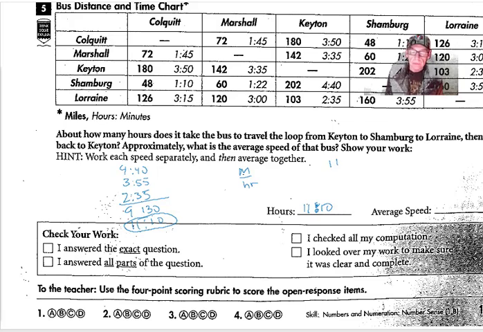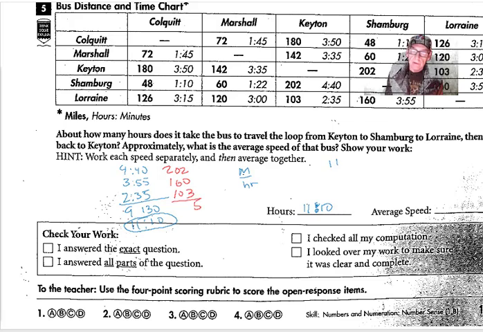So the miles from Keaton to Schaumburg, 202. Schaumburg to Lorraine, 160. And then Lorraine to Keaton, 103.